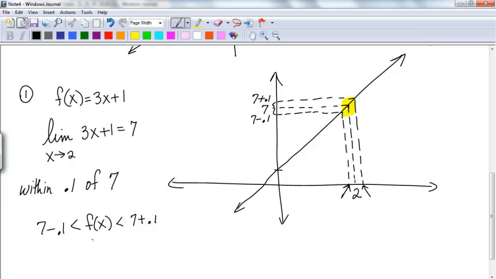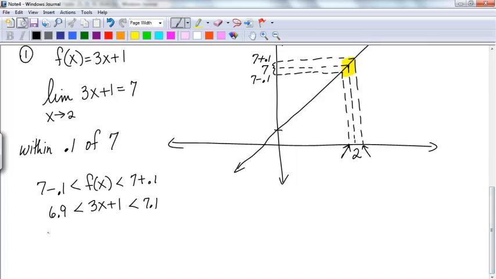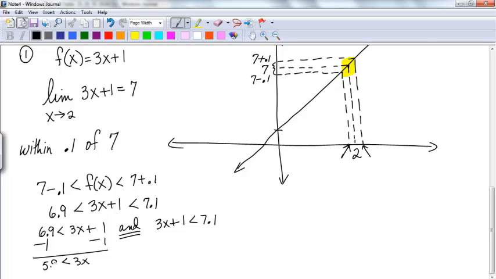Then my function would be 3x plus 1 is less than, go ahead and combine it, 7.1, and this would be 6.9. Remember, split that up into 2. 6.9 is less than 3x plus 1, and it's an and statement, a combined inequality. 3x plus 1 is less than 7.1. And if you subtract 1 on both sides, we get 3x is greater than 5.9.